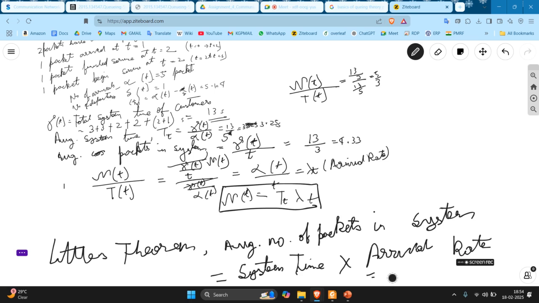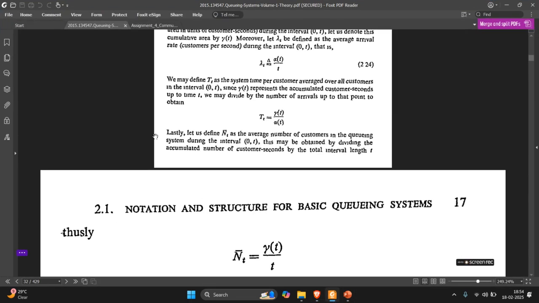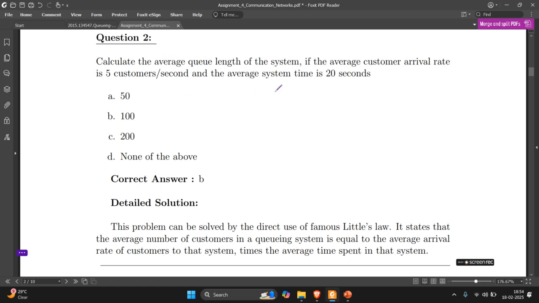Now the problem that we had is a straightforward application of Little's theorem. Here you can see the customer arrival rate is 5 customers per second and system time is 20. So what is the queue length, or the number of packets in the system?